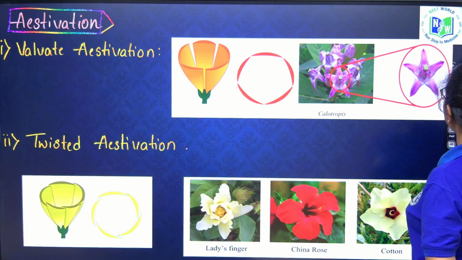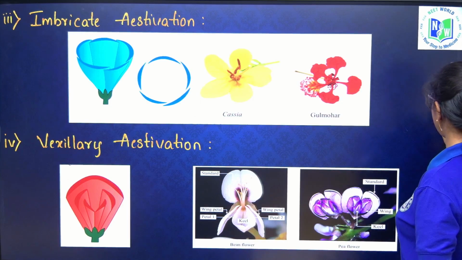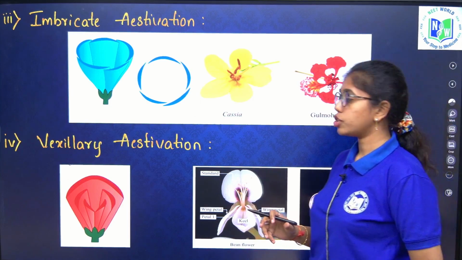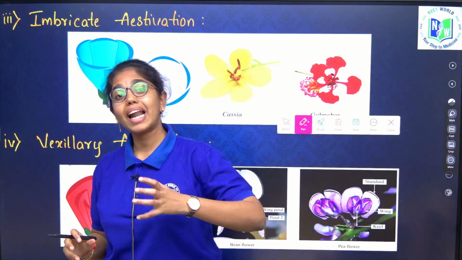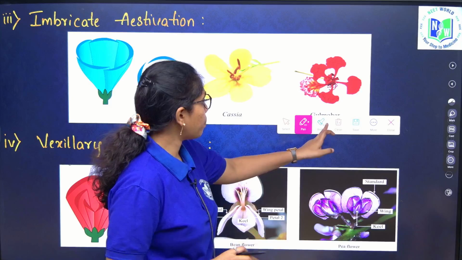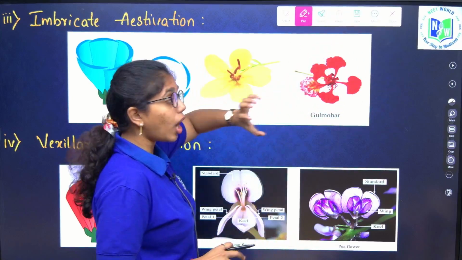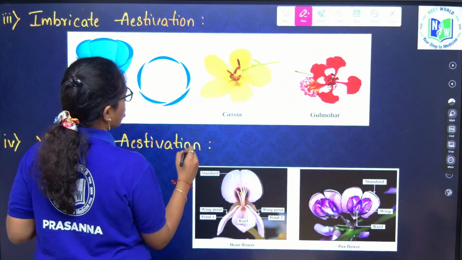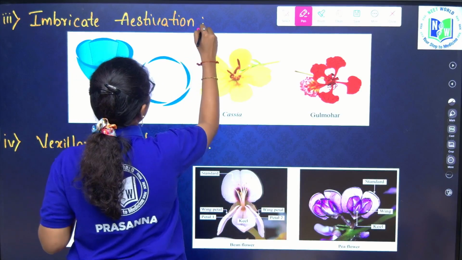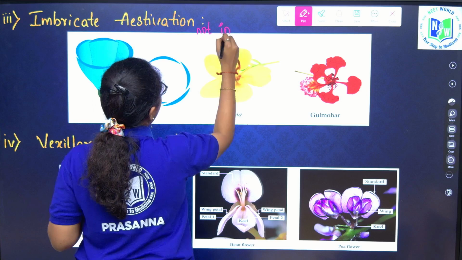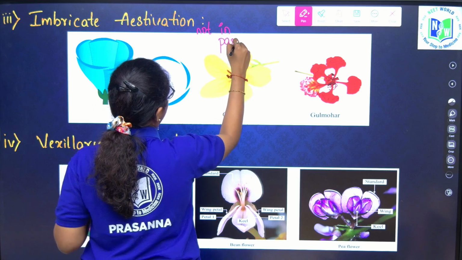Next, imbricate aestivation. In imbricate aestivation also, petals overlap each other, but not in a particular direction.